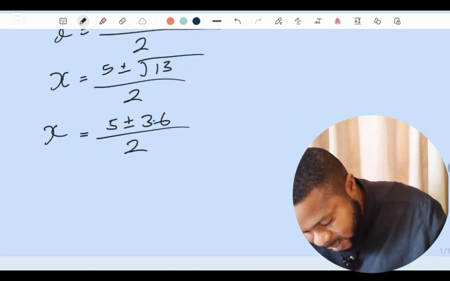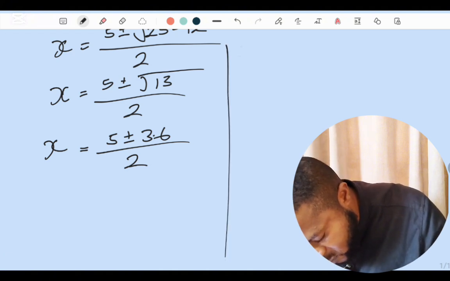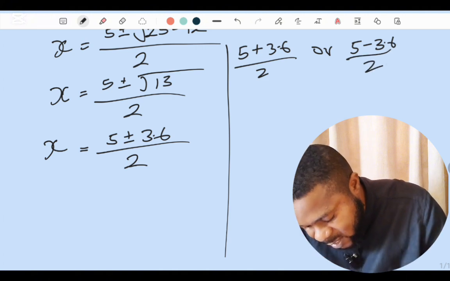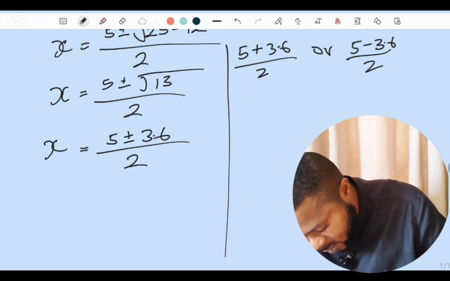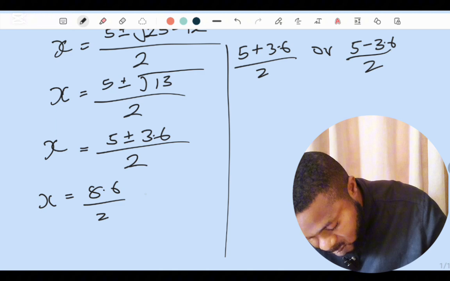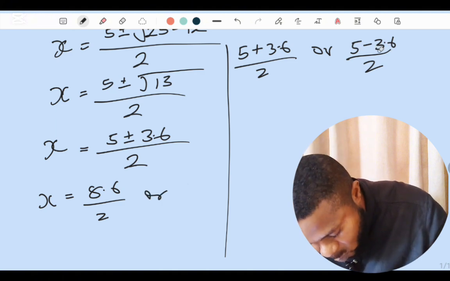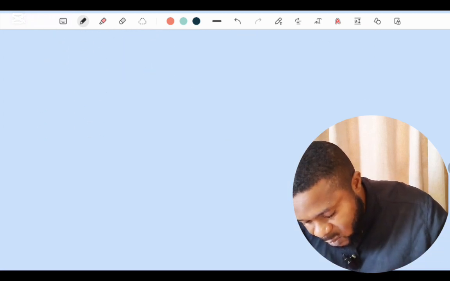So now our x is simply 5 plus 3.6 over 2, or 5 minus 3.6 over 2. The reason is that we have plus or minus here. So if we take the first one, our x is going to be 8.6 divided by 2, or 5 minus 3.6, which is going to give you 1.4, over 2. This is the value of our x.